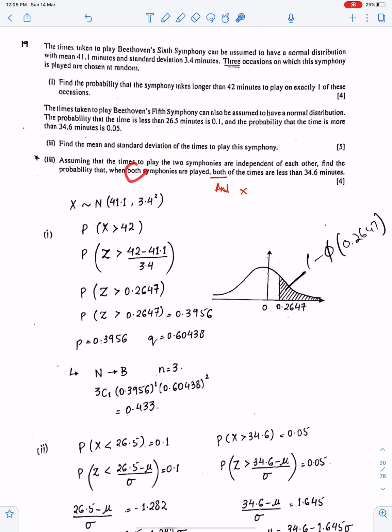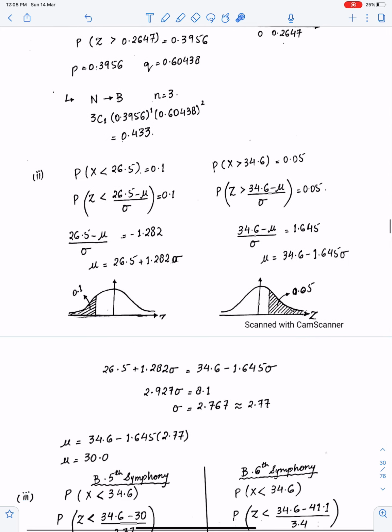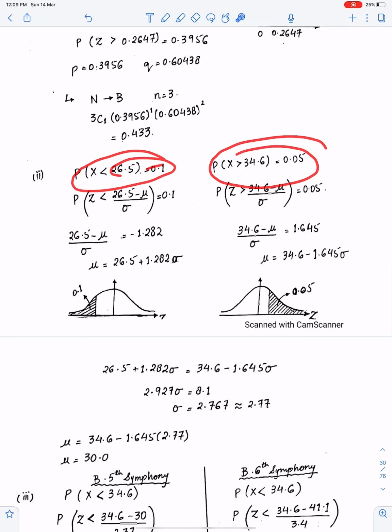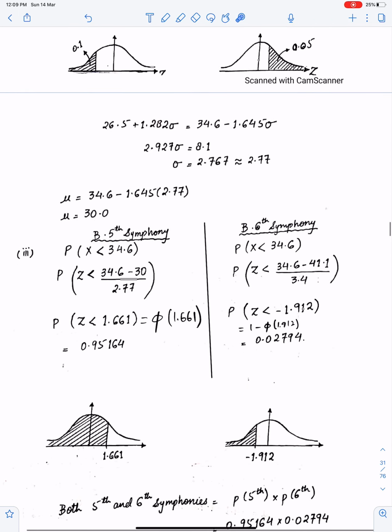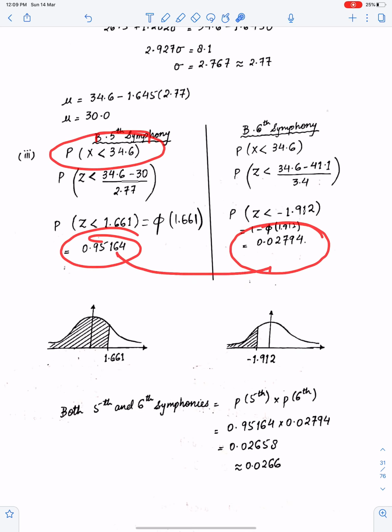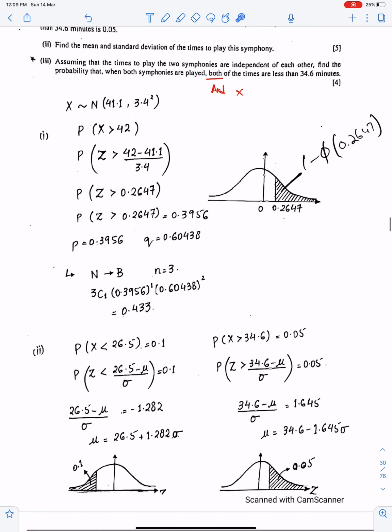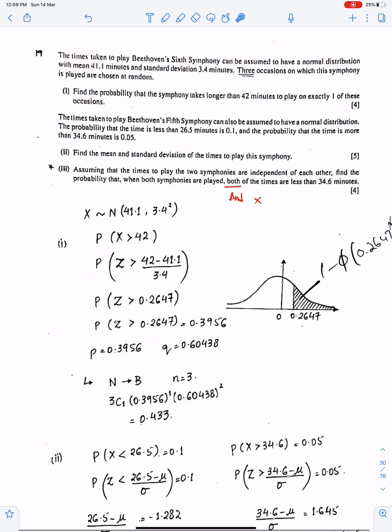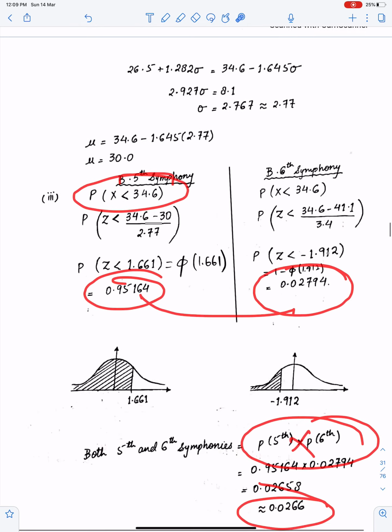So both means multiply. So get the probabilities of both separately and then multiply them. This is part 3, sorry. This area and this area, just need to multiply these two. Both means multiply. Just this was important and then the rest was simple. Whenever it says both, then you need to multiply both the answers.